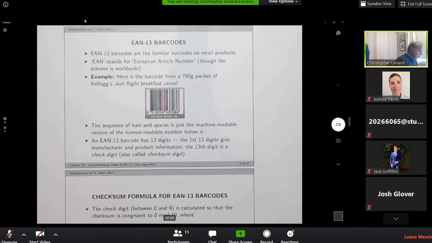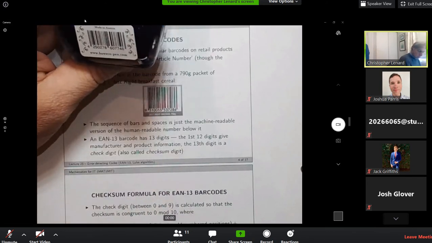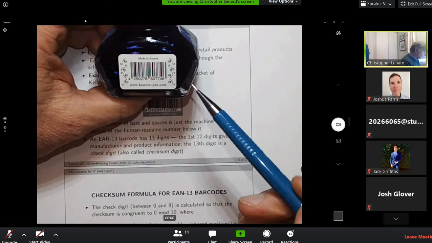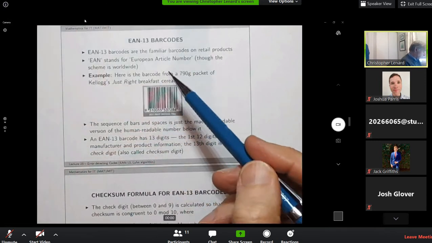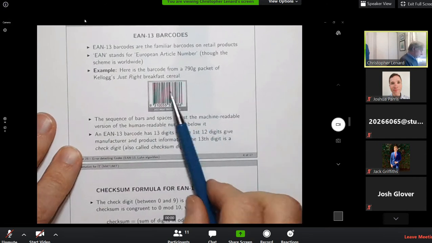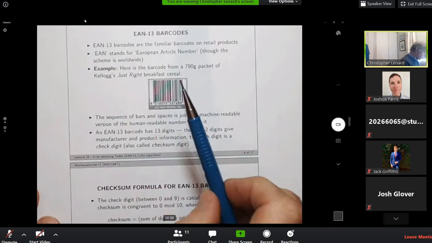Okay, so I just showed you, here's my bottle of ink with this barcode. Here's a barcode from a packet of Just Right breakfast cereal.